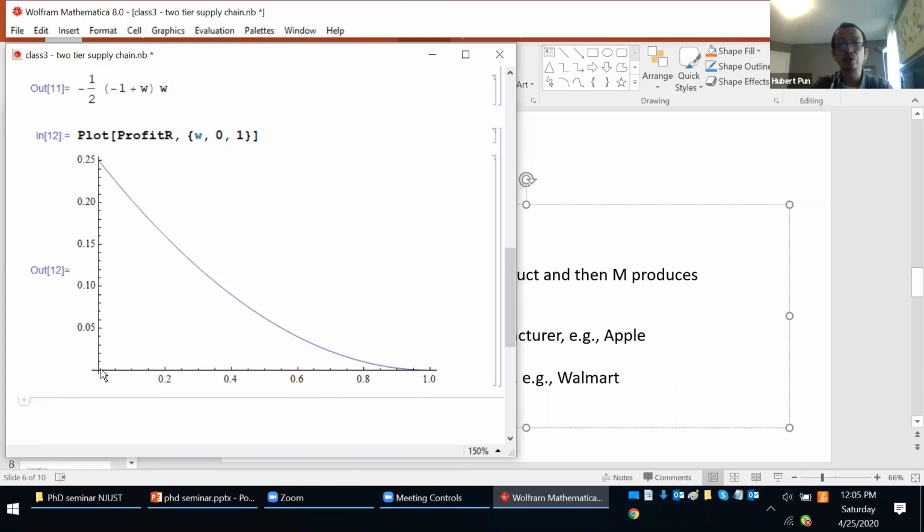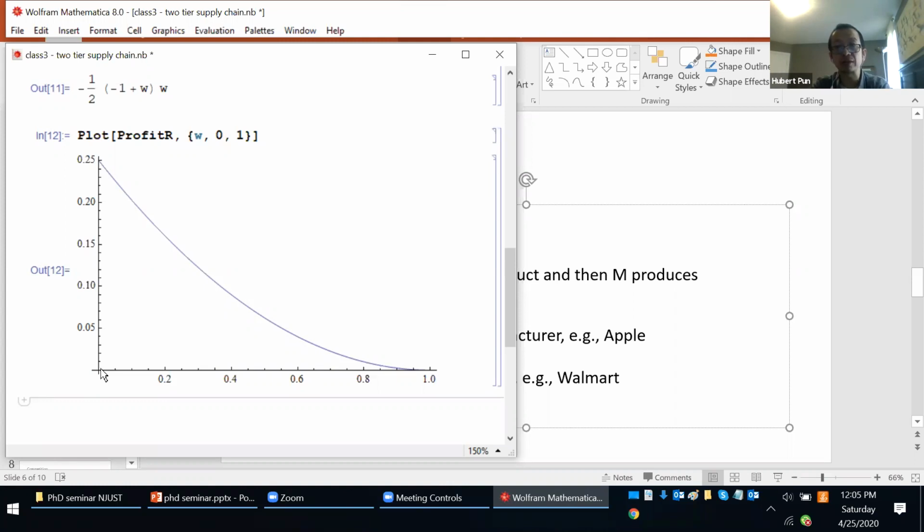Okay, so if you're the retailer, then the manufacturer decides on the wholesale price. If the manufacturer sets a wholesale price equal to 0, then you make a lot of money. But if the manufacturer sets the wholesale price equal to 1, then you make 0 profit, which completely makes sense.